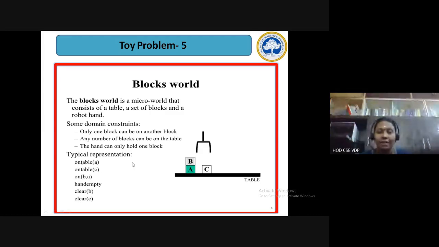So on table A means this is on the table, C is also on the table, right? And then B is on A. And then hand empty refers to the robo arm. When I say clear B, clear C, it simply means that you don't have anything on top of B and you don't have anything on top of C. So these are the typical representations.